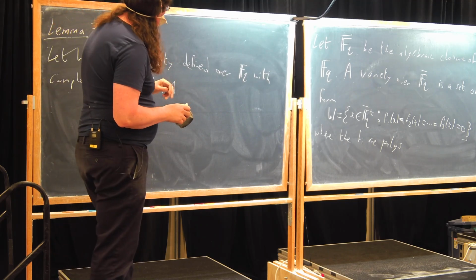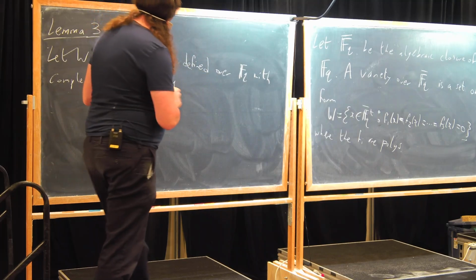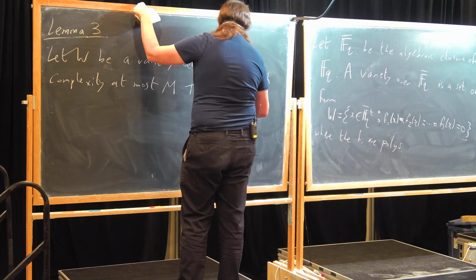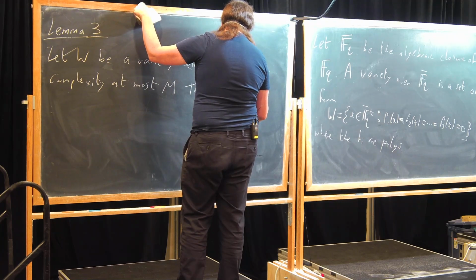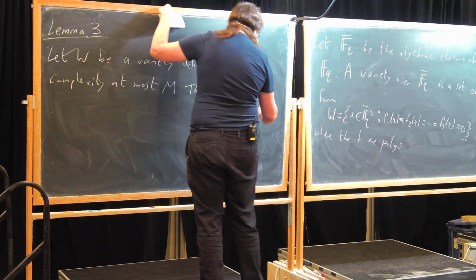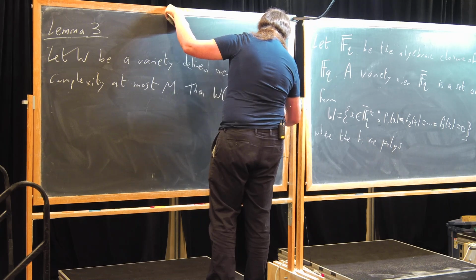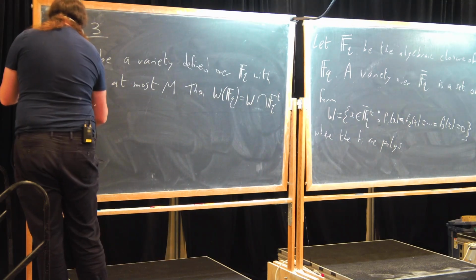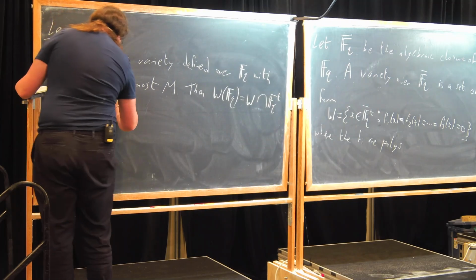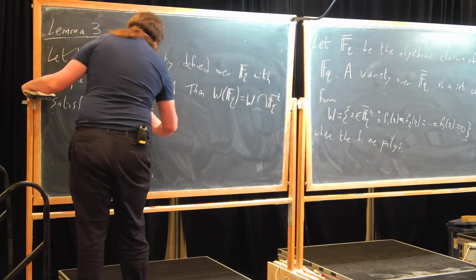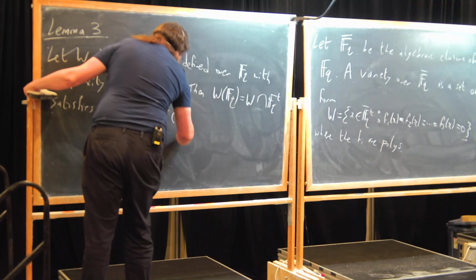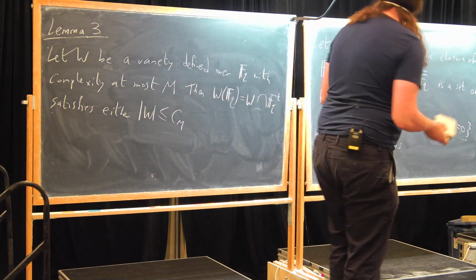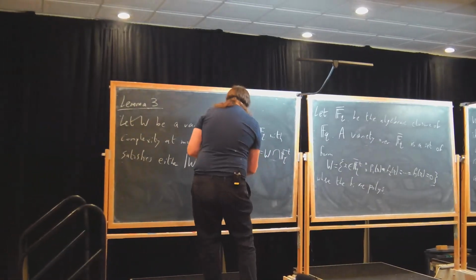Then, if that's the case, the number of points in the variety, what we'll call W(Fq), which is equal to the variety intersect Fq^t, satisfies one of two things. Either it's bounded, so either it is some constant, and that constant only depends on the complexity of the whole thing, or it's actually quite large.